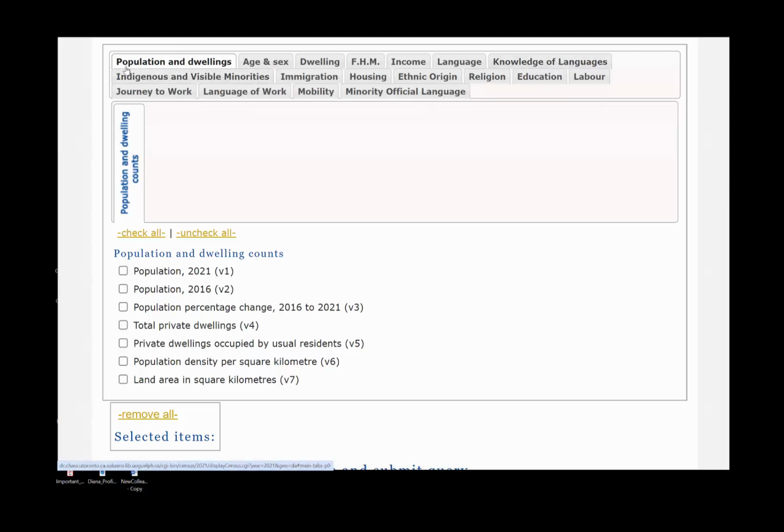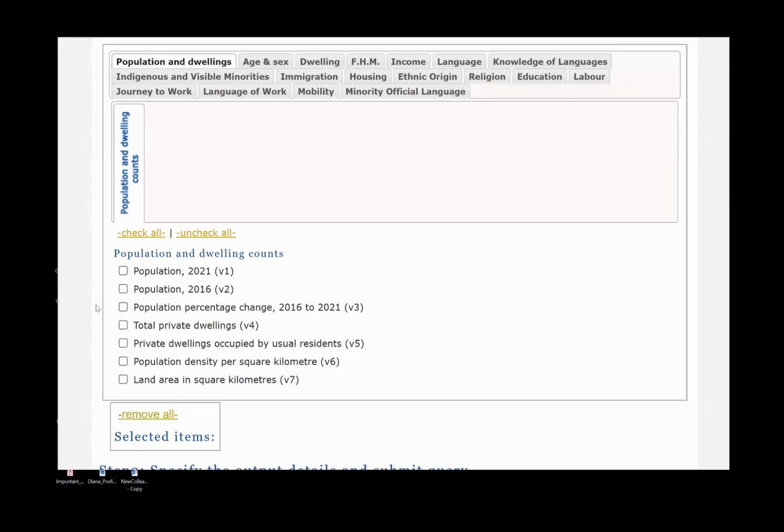Scroll down, you will see different tabs of groups of census variables. The first tab is population and dwellings. It gives you the count of population in 2021, 2016, and the count of the total private dwellings in 2021. And also population density and land area. If you want to calculate density on your own, you can choose population.